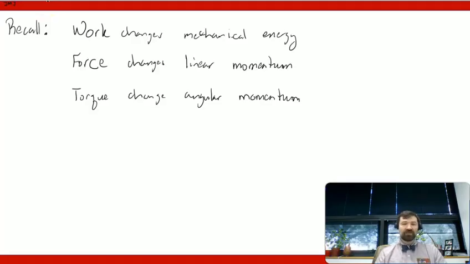Now with that said, of these, this top one actually is changeable within the system because when you have a collision, you can have sound from the collision, you can have damage. That basically means, for example, like if you have two cars crash into each other and you bend up the bumper of one of the cars, that also took some amount of work, and that essentially steals some of the mechanical energy from the system.